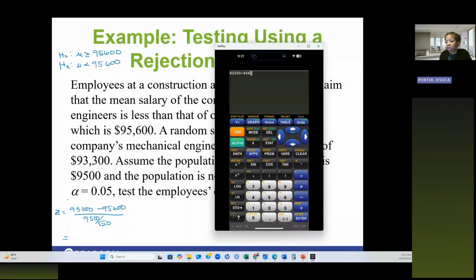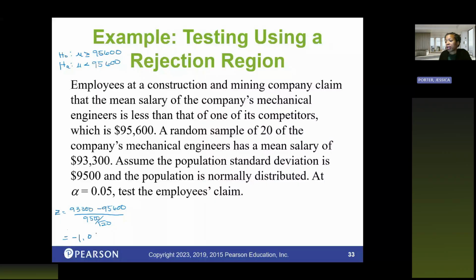We agree. I concur. Thank you, Avery. Negative 1.08.